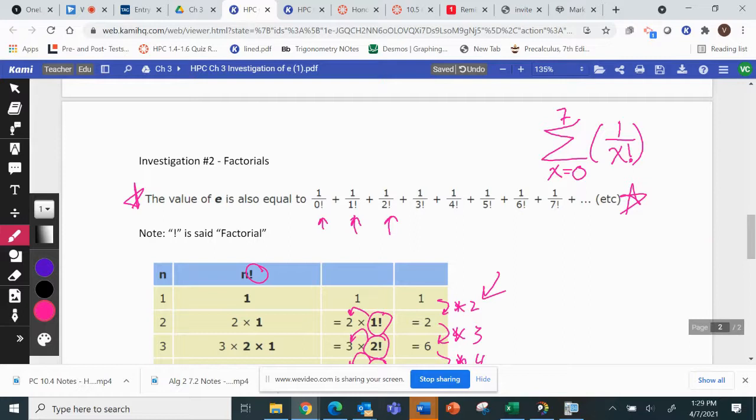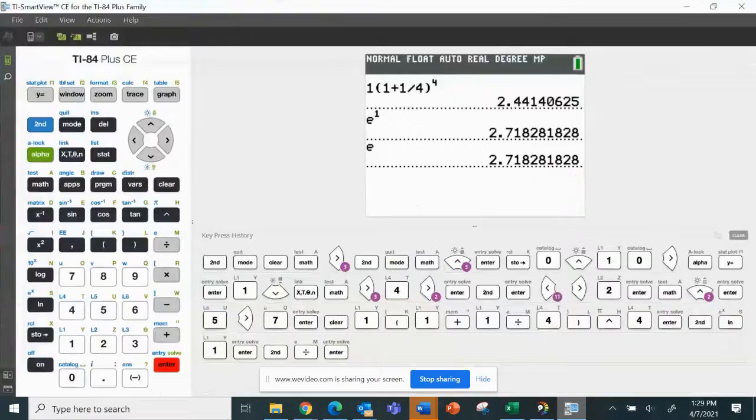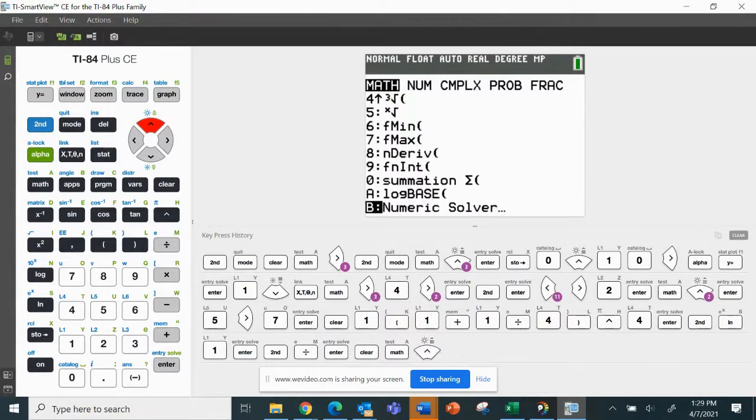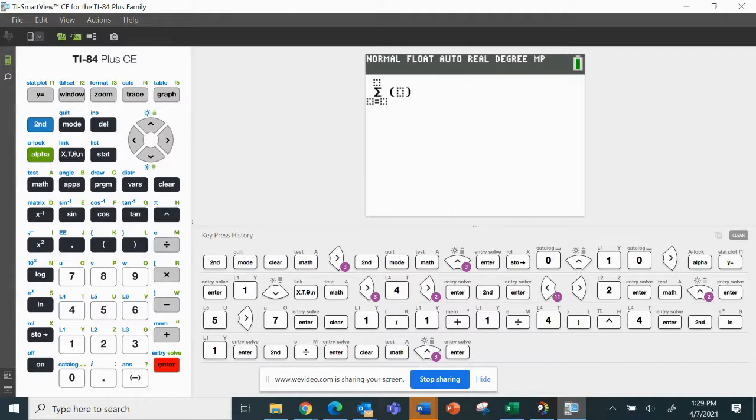To do it on your calculator, you're going to go under math, and it's easier to scroll up, and you will see summation. If you don't have this on your calculator, you won't be able to do what I'm doing right now. You have to do it a different way. The 83s don't have it. At the bottom, I'm going to make it X. It's going to start at 0.